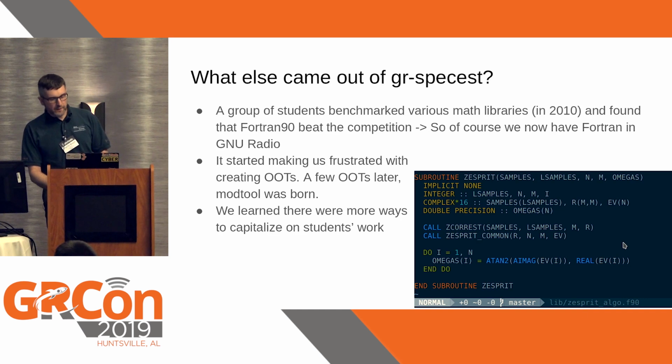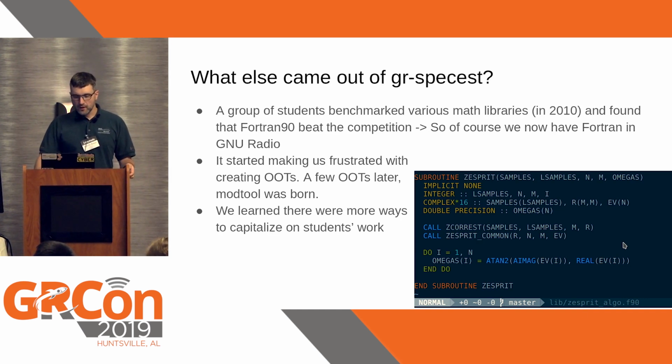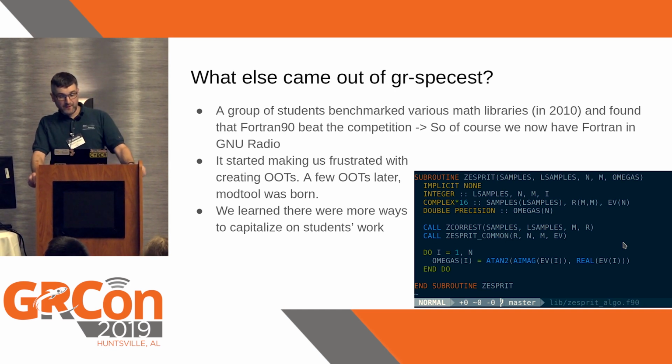So what did we get out of gr-specest other than spectral estimation algorithms? A couple of fun facts here. There was a group of students, and Marcus was actually one of them, who implemented the MUSIC and ESPRIT algorithms. They also benchmarked various linear algebra libraries.